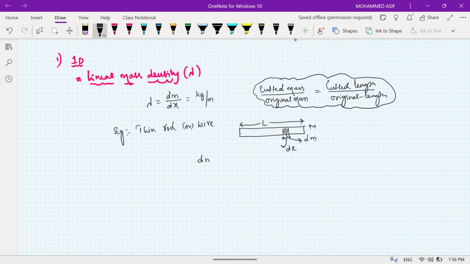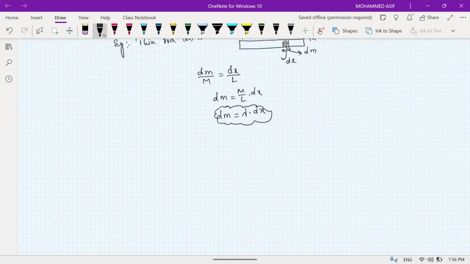So cutted mass divided by original mass is equal to cutted length divided by original length. So dm is equal to M divided by L into dx. So dm is equal to M by L, known as linear mass density lambda, into dx. Clear? Chalo, next one.